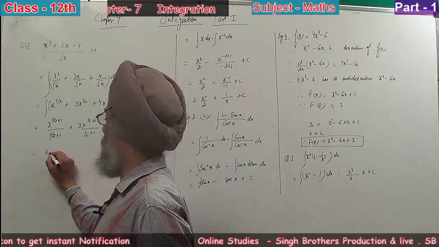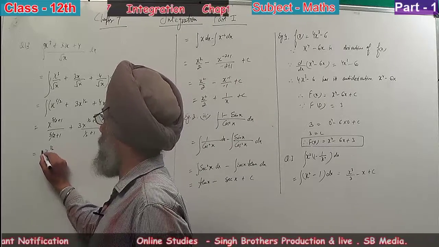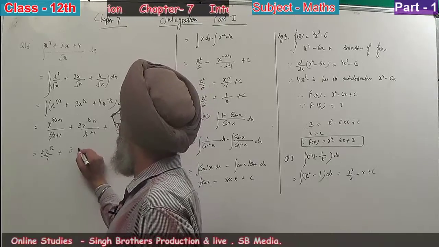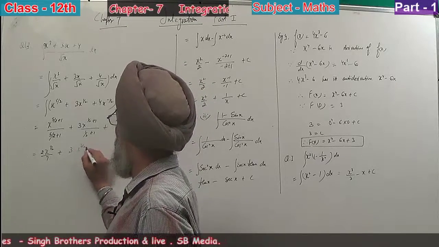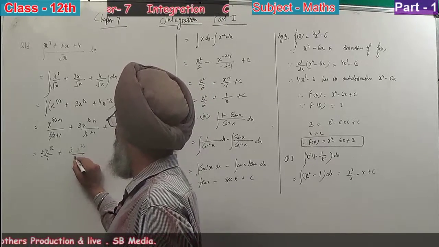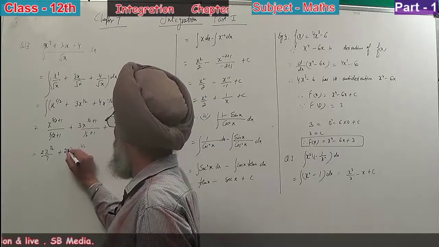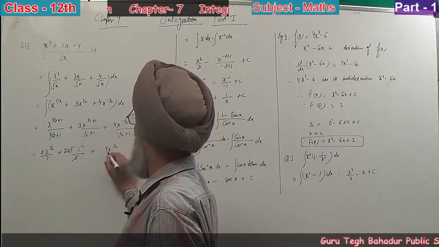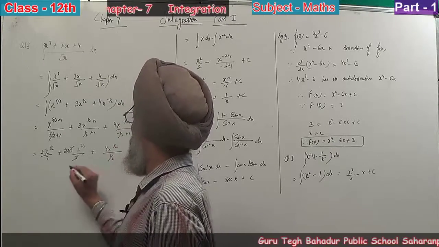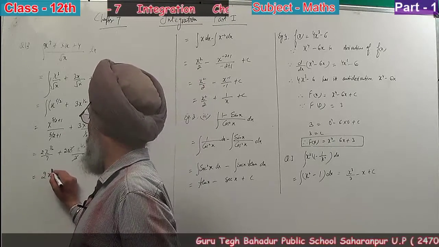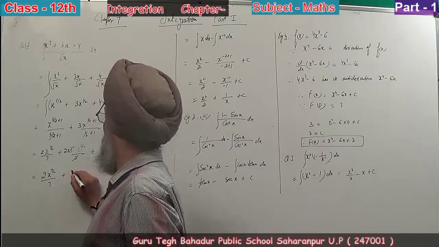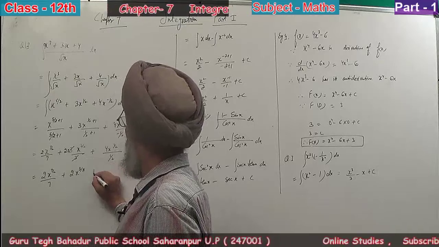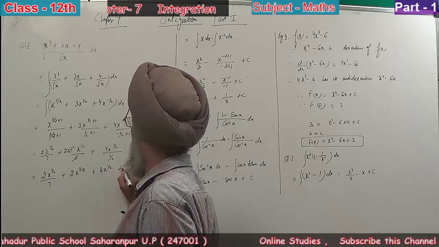So it becomes x to the power 7/2 divided by 7/2 becomes 2/7, 3x to the power 3/2, 2 into 3, 3 get cancelled here, 4 x to the power half upon half. So finally it becomes 2 x to the power 7 by 2 upon 7, 2 x to the power 3 by 2 plus 8 x to the power half plus c.